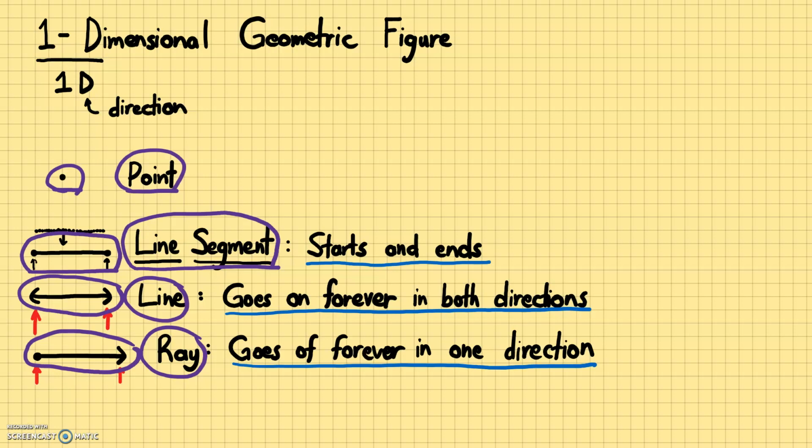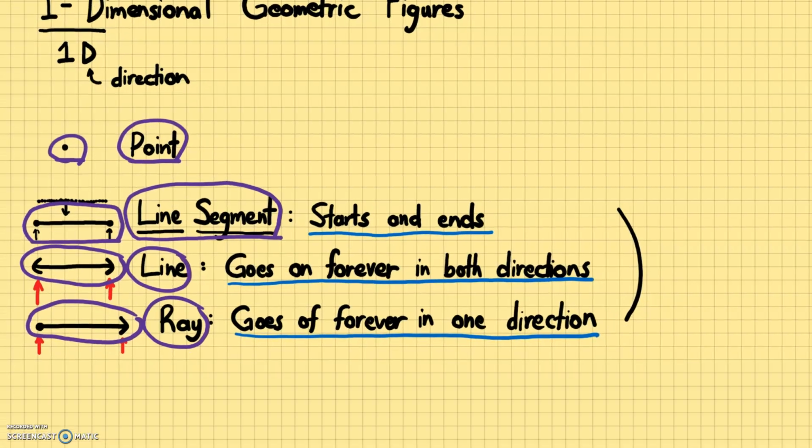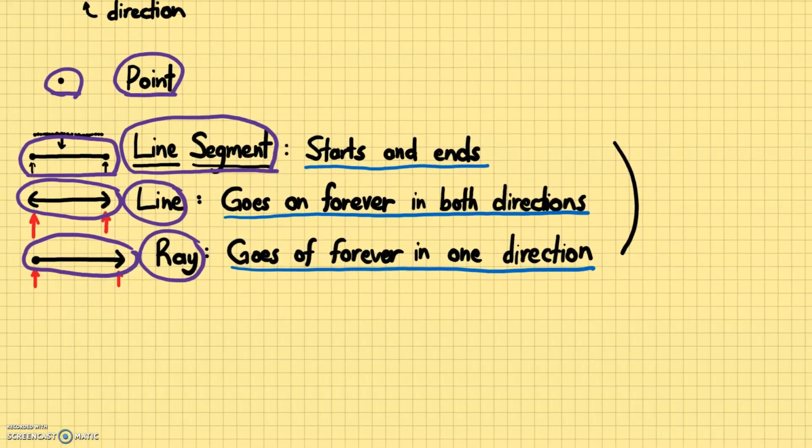Now, these are the basic one-dimensional figures. I should put an S here since we have more than one. With these figures, we can make some more figures. So for example, if I connect two rays together, there's one ray right here, and another ray right here going that way.